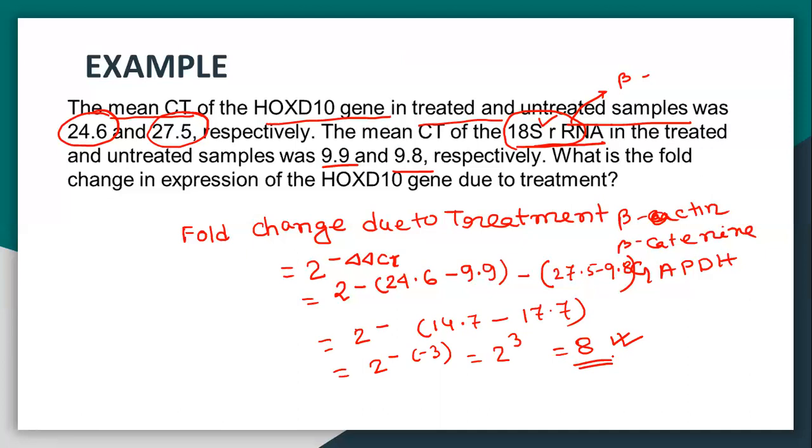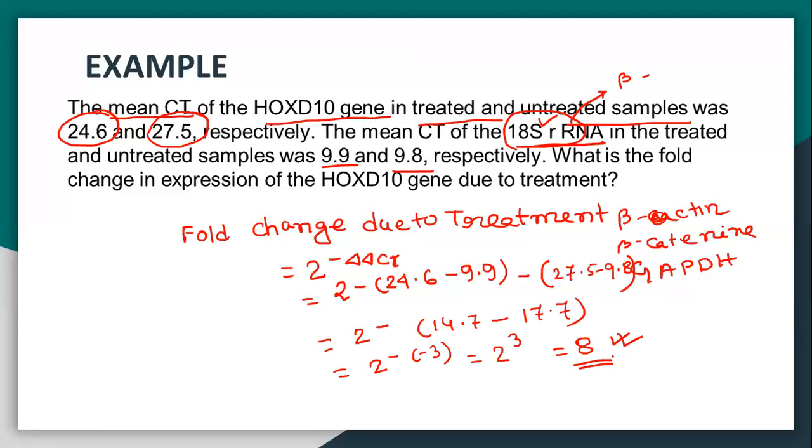Let's read the question once more. The mean CT of the HOXD gene in treated and untreated samples was 24.6 and 27.5 respectively. The mean CT of the internal control, 18S rRNA, in the treated and untreated samples is 9.9 and 9.8 respectively.